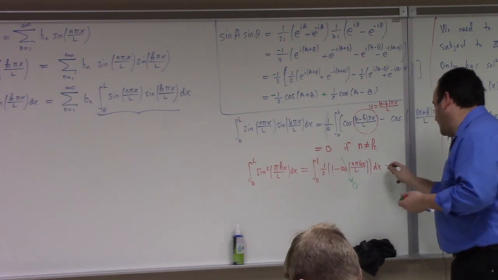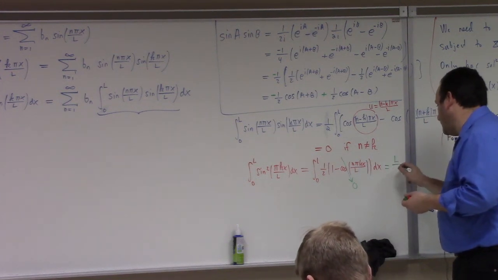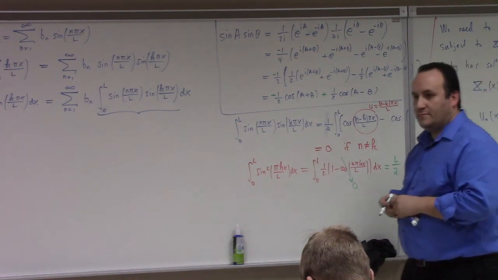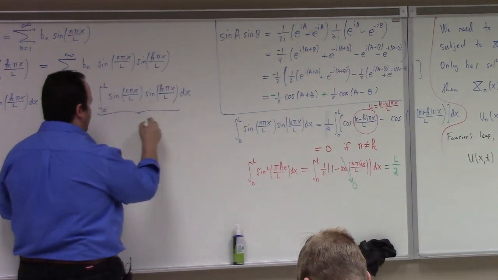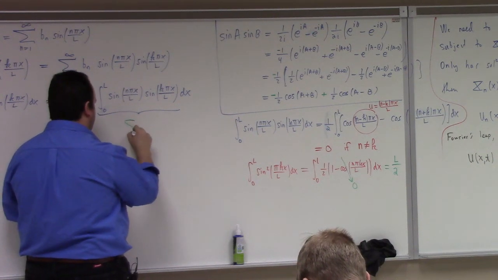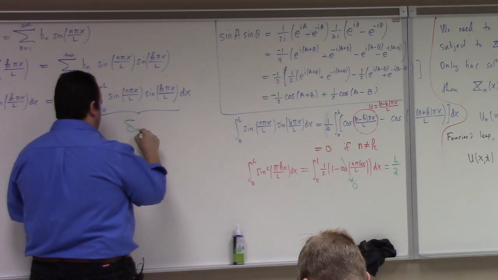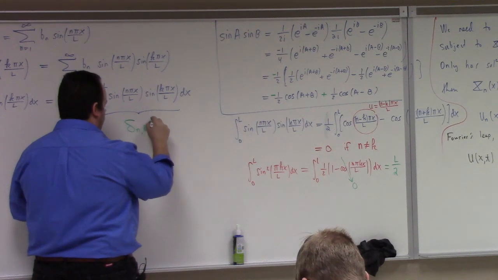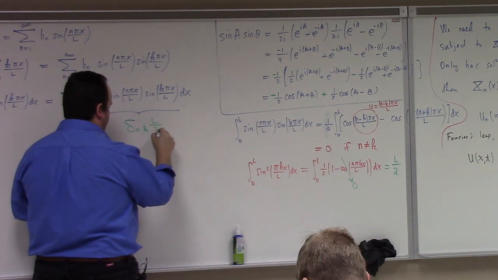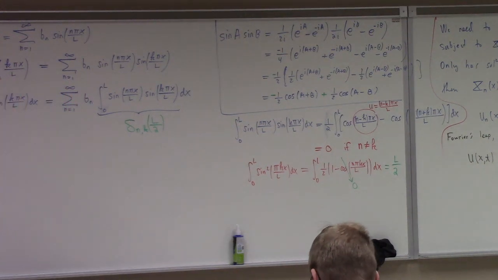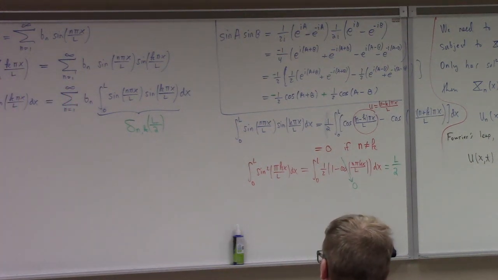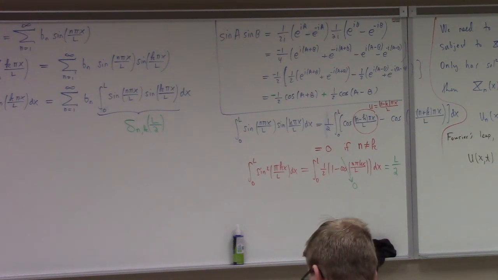But the other piece gives us L over 2. So a nice way to communicate this is that it equals the Kronecker delta of n comma k times L divided by 2, which is just a convenient way of telling you that the integral is 0 if k is not equal to n, and it's just L over 2 when k is equal to n.